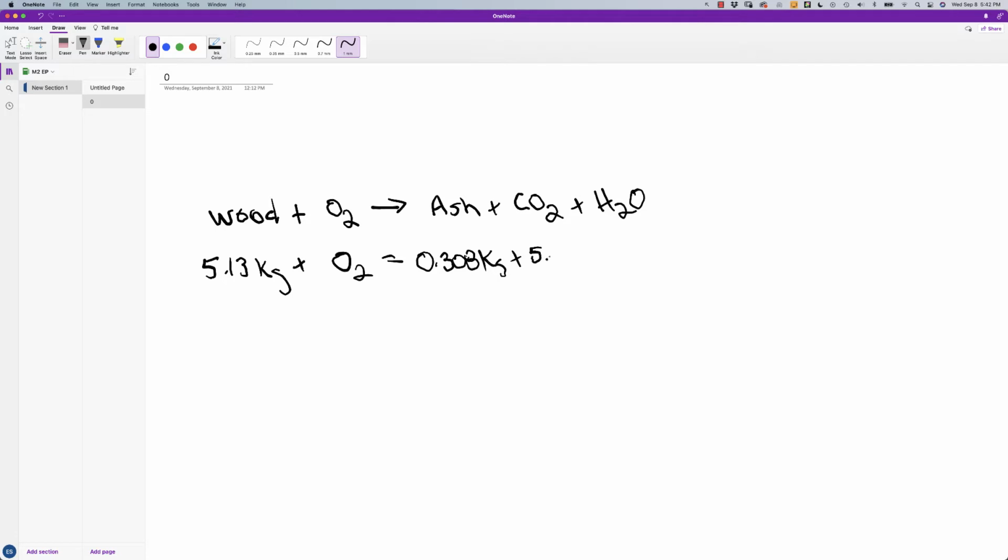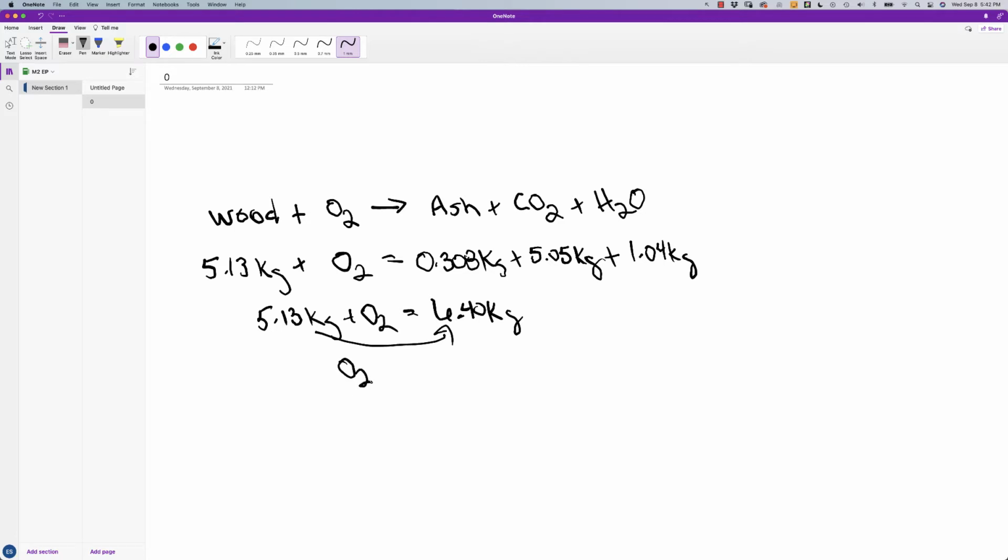We had 5.05 kilograms of carbon dioxide, and then 1.04 kilograms of water. Adding all of these up over here, we have 5.13 kilograms plus O2 is equal to 6.40 kilograms.